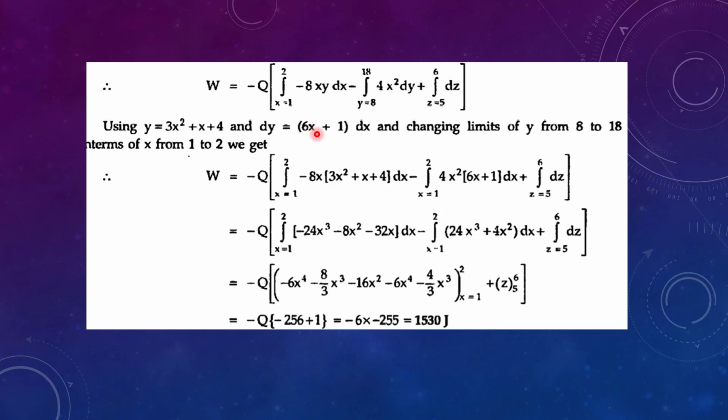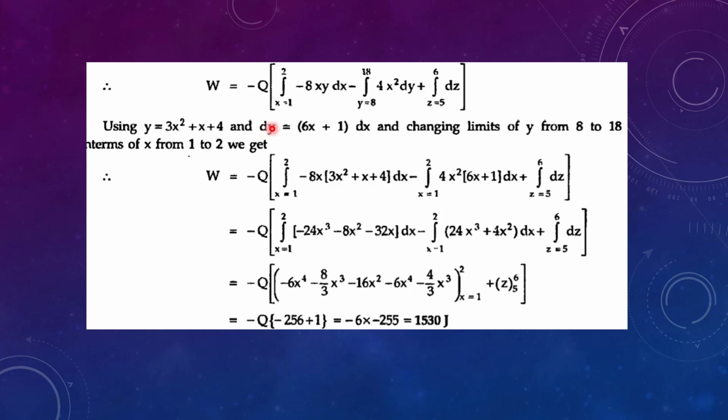So dy is equal to (6x + 1) and derivative of x will be there, so dx. So we'll replace all the dx term or dy term in above equation and make it similar, changing the limits of y from 8 to 18 in terms of x from 1 to 2.